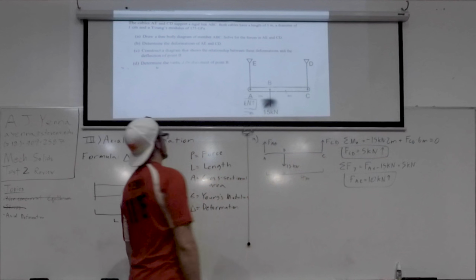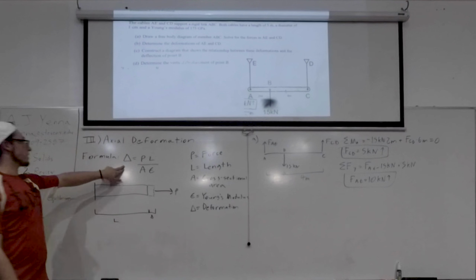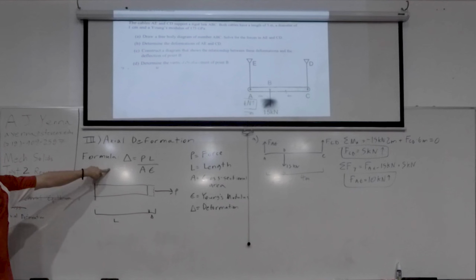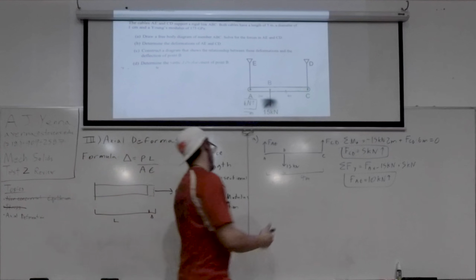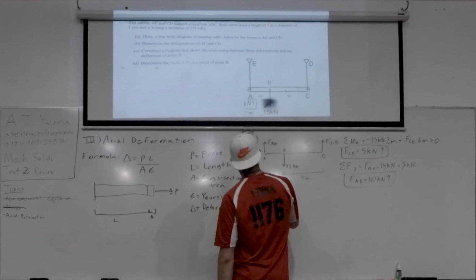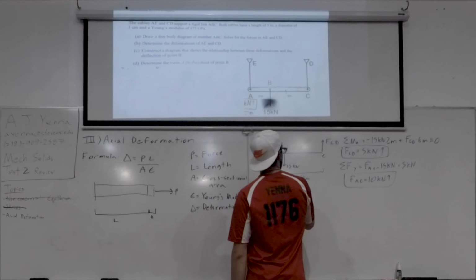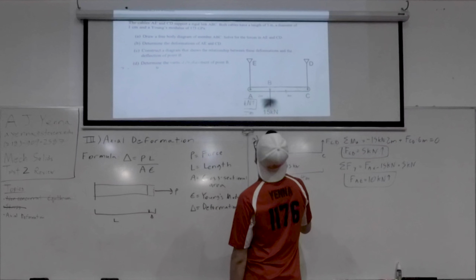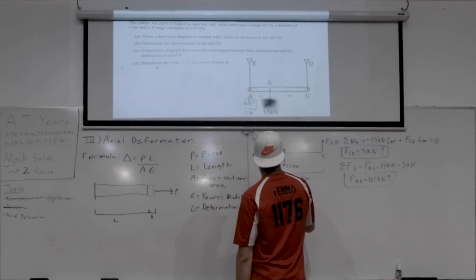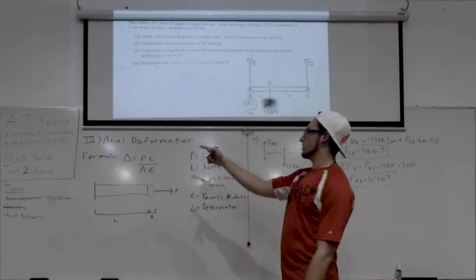Part B: determine the deformations in AE and CD. So now we're getting into the equation for deformation. Deformation in AE is PL divided by AE.